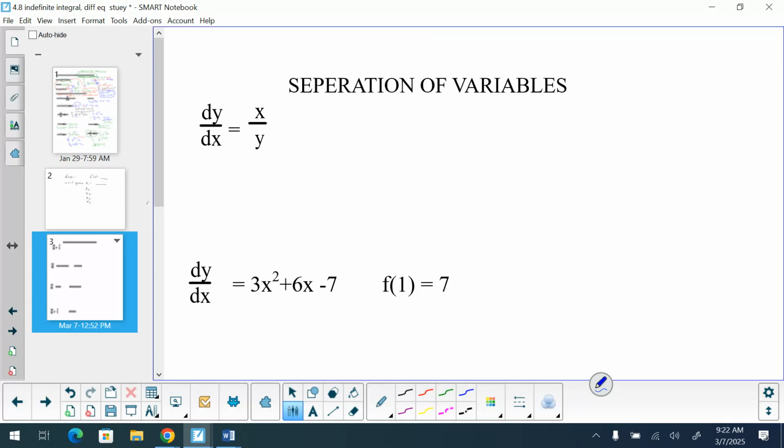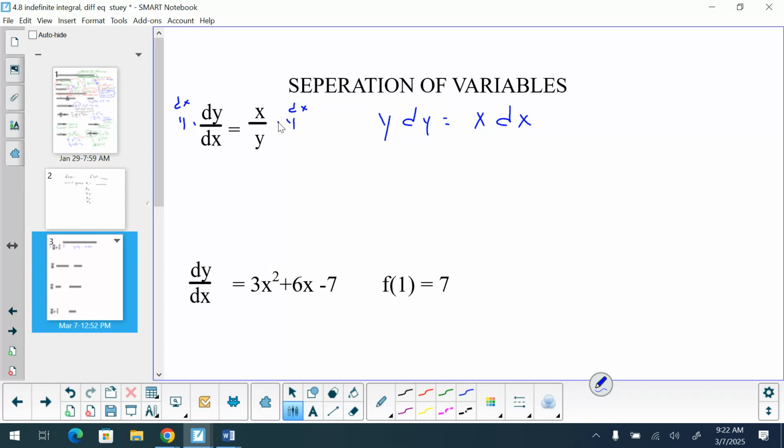We can separate our variables, which means we want to get our y's together and our x's together. If we multiply both sides by y and both sides by dx, we're left with y dy is equal to x dx.